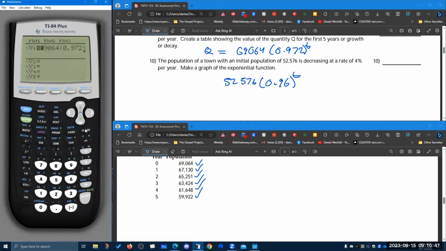Come back to y equals, we got 52,576 times 0.96 to the x. I'm going to zoom 0. I want to see a little bit more of that exponential shape, so I'm going to zoom out a little bit.